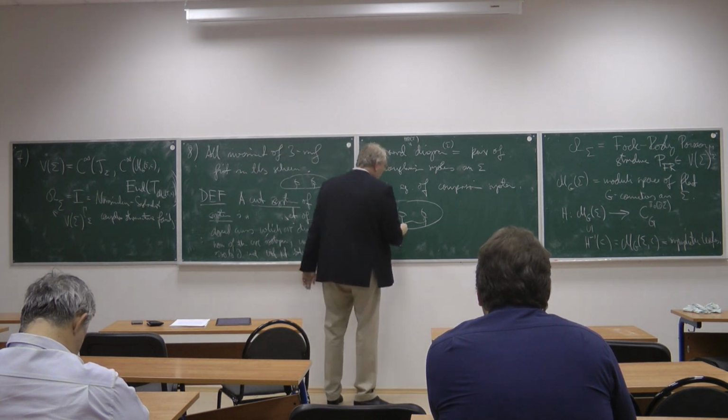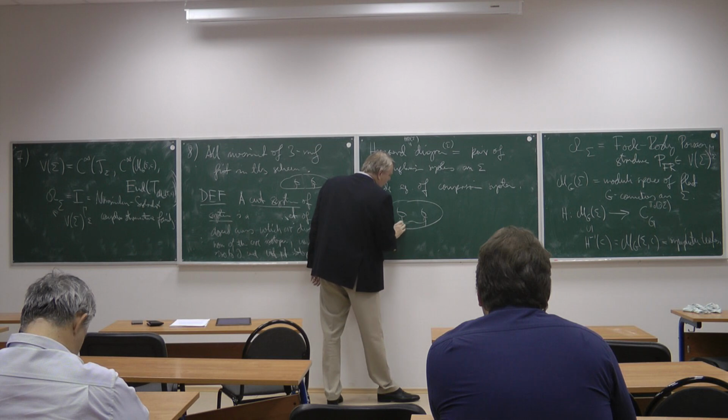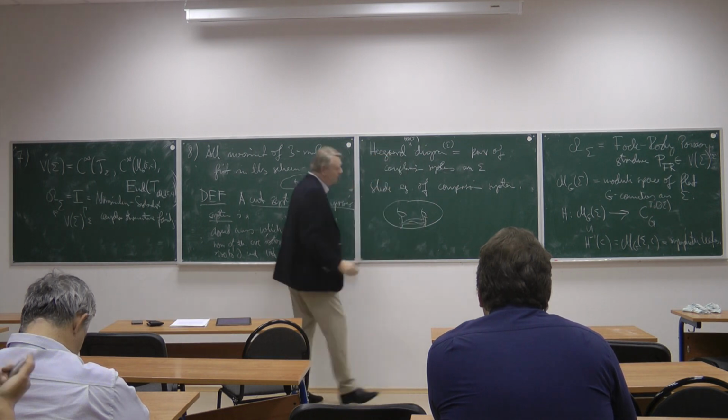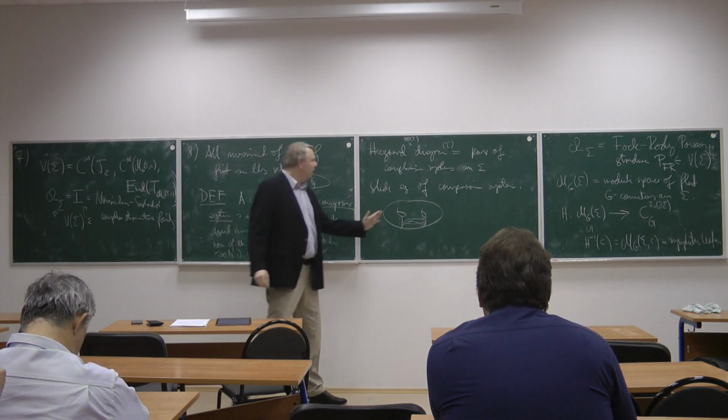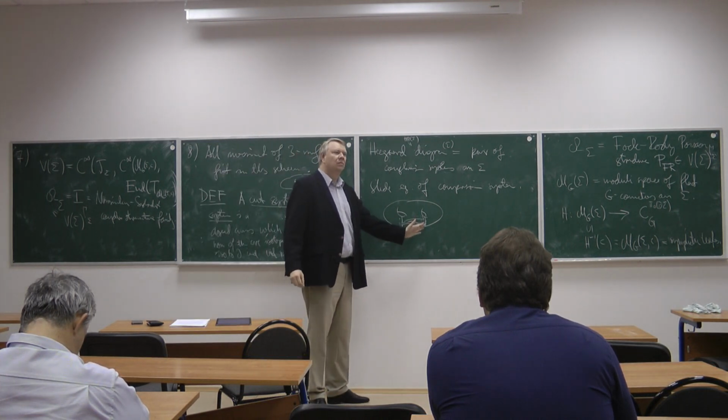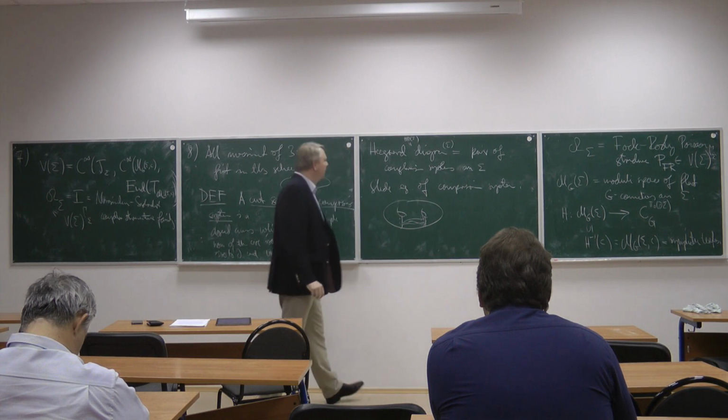Once you have such a thing, what you're allowed to do is take two parallels of this guy, like this, and then you run around this curve. And then you come back like this. So this is a slide where you slide one cycle over another cycle. It's called a handle slide in this theory.